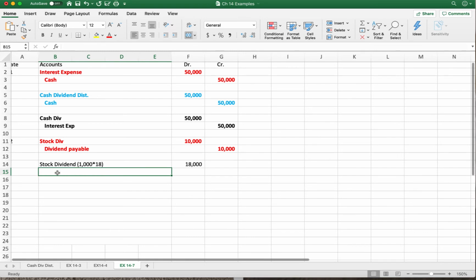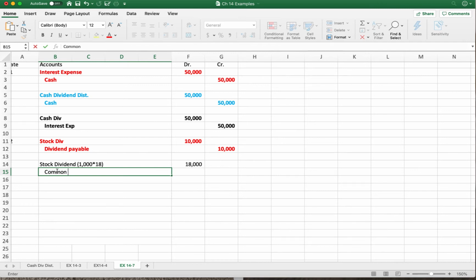Okay. What else should we do when we have a stock dividend? Well, we need to recognize the fact that we are distributing stock. Okay. So the correct journal entry is that we should credit the common stock dividend distributable account.